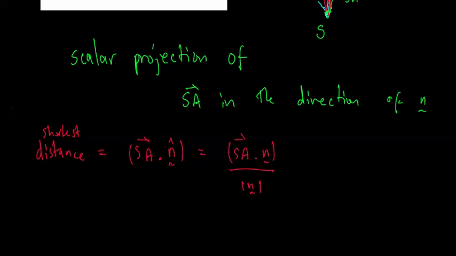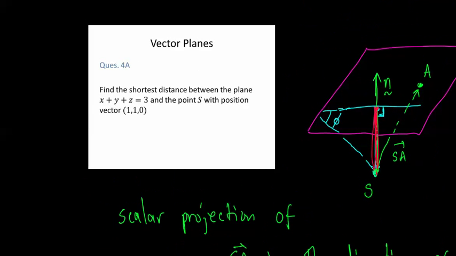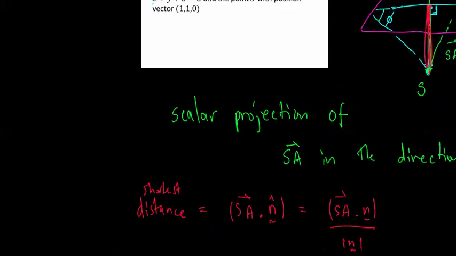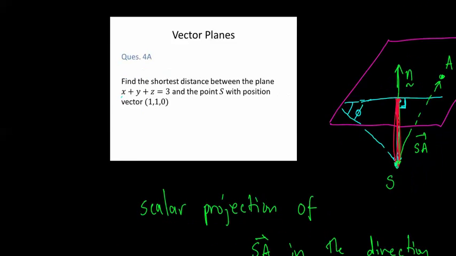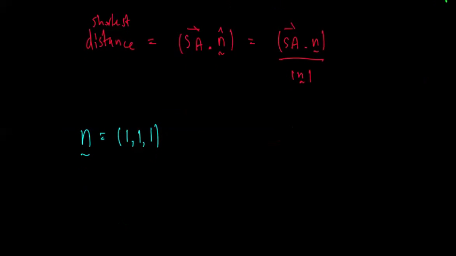So the first thing is to find n. n is just the coefficients from the Cartesian equation of the plane, x + y + z, so n must be (1, 1, 1). We also need the magnitude of this vector. It's the square root of 1 squared plus 1 squared plus 1 squared, otherwise known as root 3.